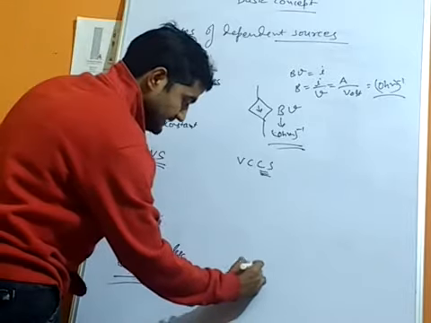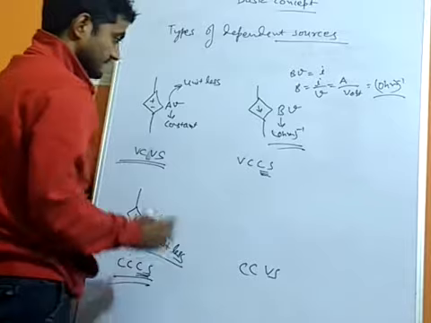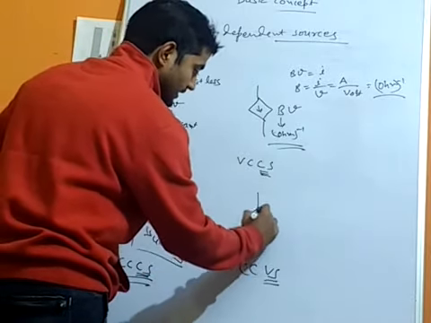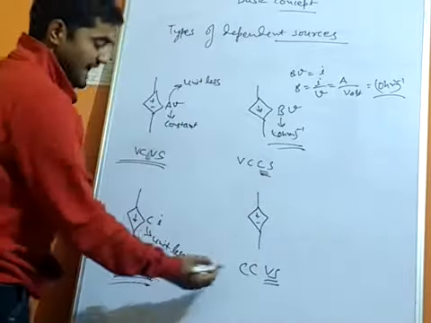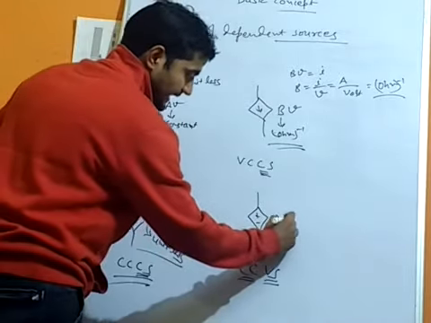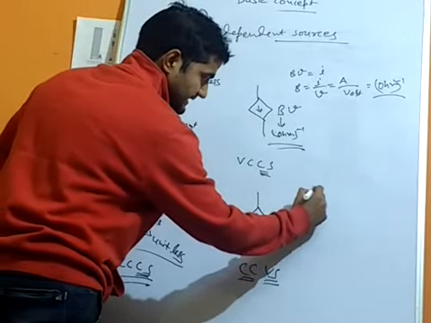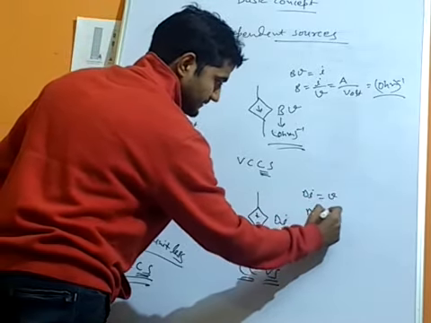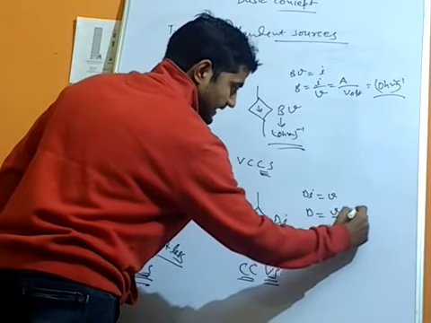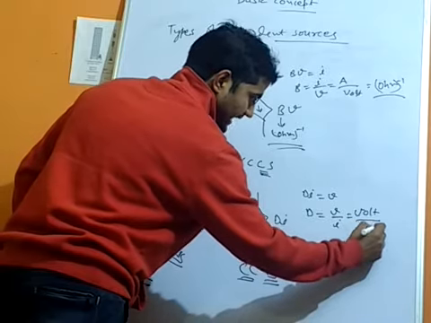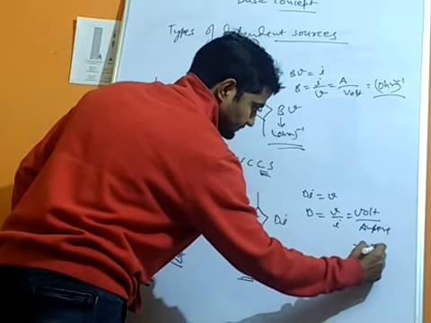Last one, CCVS, current controlled voltage source. It means we have to draw a voltage source, plus minus, controlled by current, Di. So overall it is a voltage, so Di is a voltage and D equals V upon I. It means volt upon ampere, which we can say is ohm.